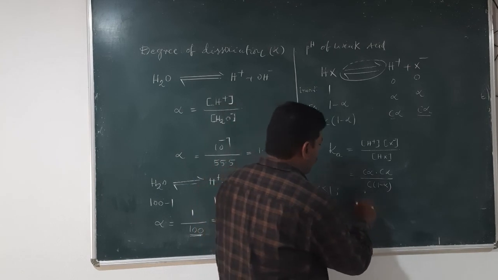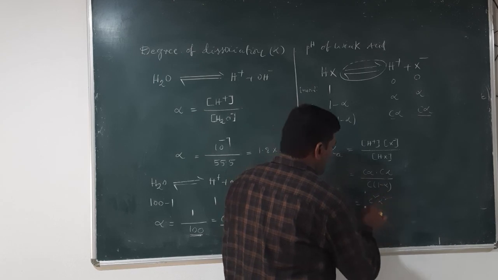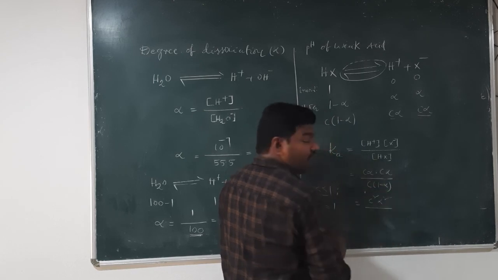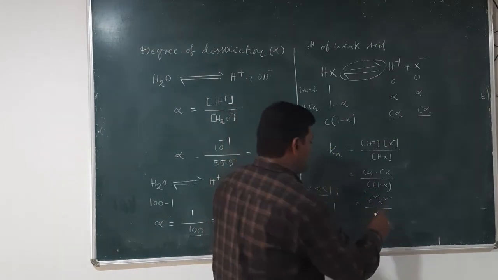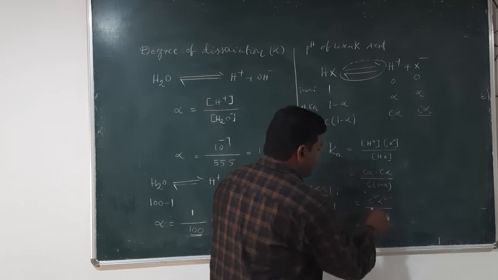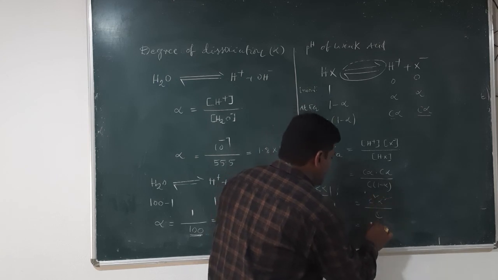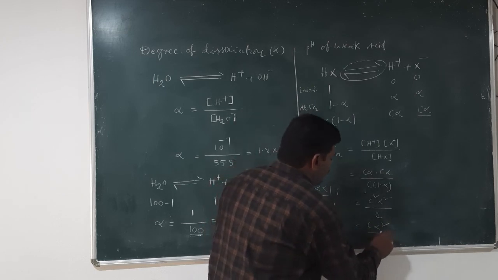Therefore this dissociation constant becomes C square alpha square divided by C, which is C alpha square.